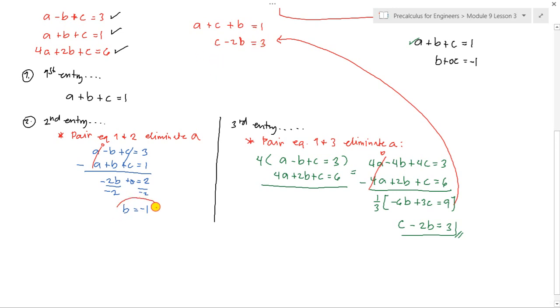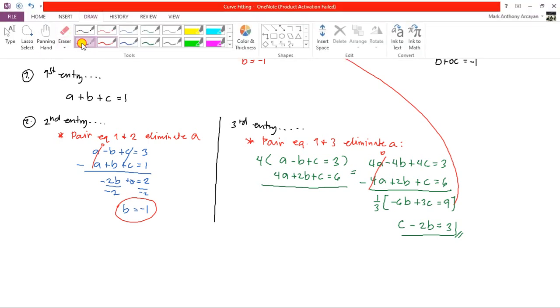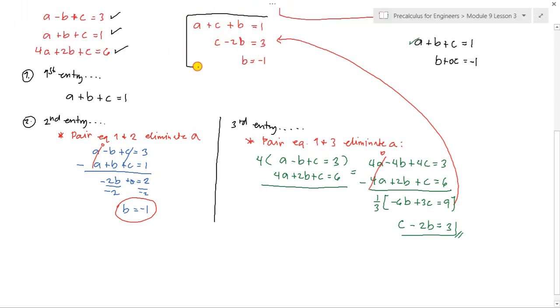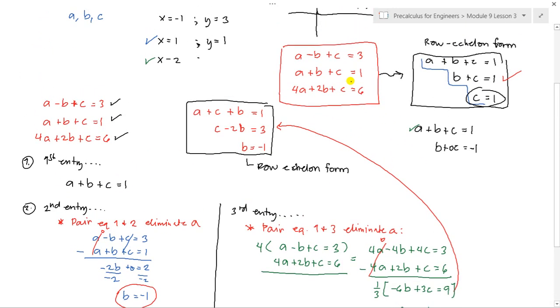Then since we have b from the second entry, b is equal to negative 1. Did you get it, class? So this is now the system of equations in row echelon form. So it is now in row echelon form. Do you understand? Class, do you understand? Yes, sir.